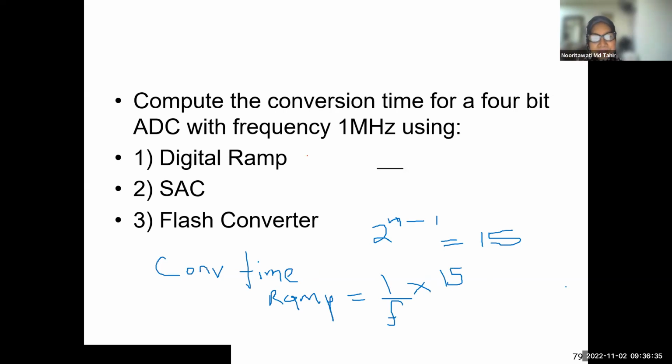Sampai dia dapat. Okay. Kalau untuk SAC, it will be 1 over F times 4 because it's 4 bits. Okay. Ini you compute. You masukkan F to 1 megahertz. Dan kalau untuk, this is untuk SAC. Sorry.